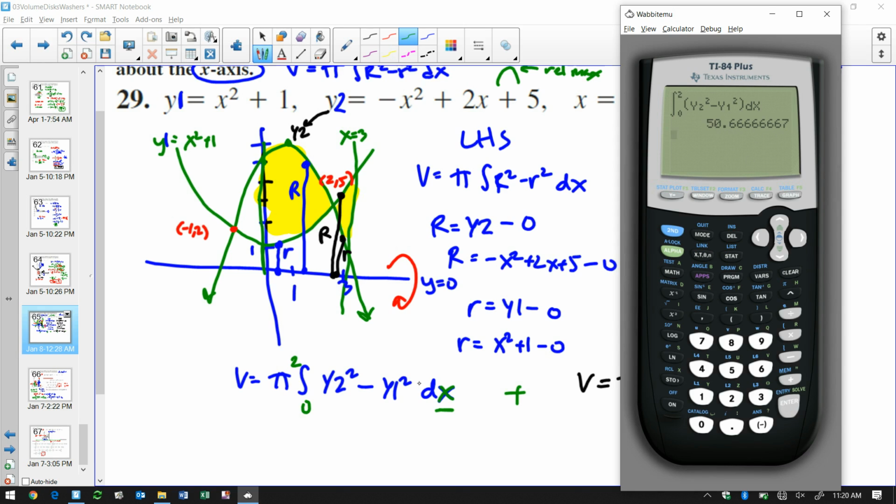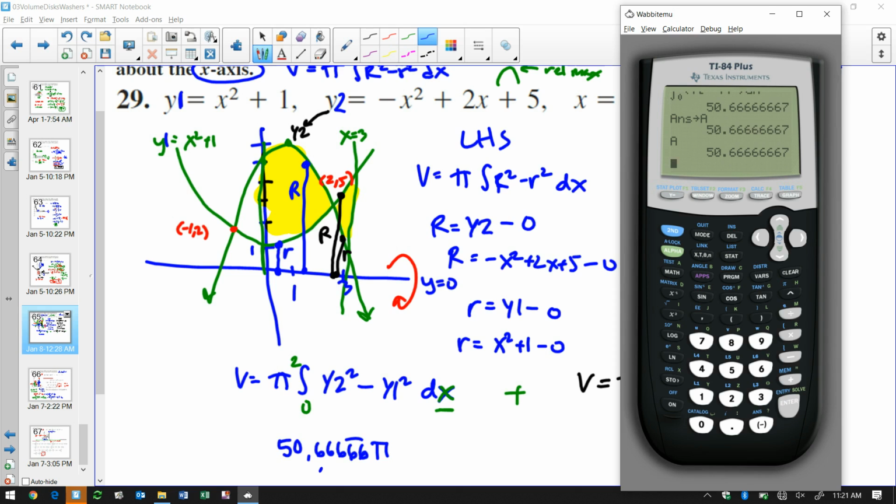This answer right here, I can put it on the left-hand side, is 50.66666, lots of sixes, pi. Technically I should stow this, so let me go ahead and stow it as alpha A. That means every time I push alpha A, I'm going to get 50.667.